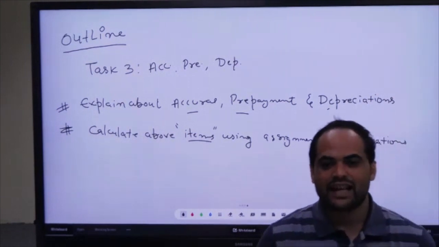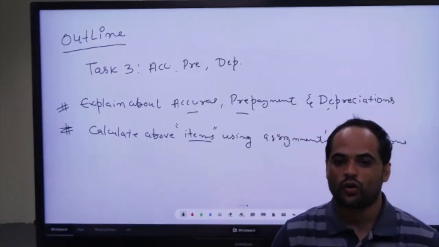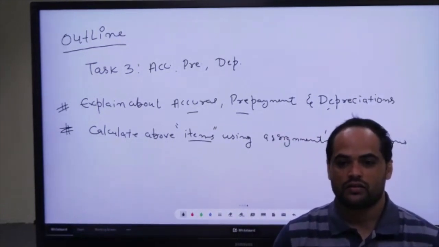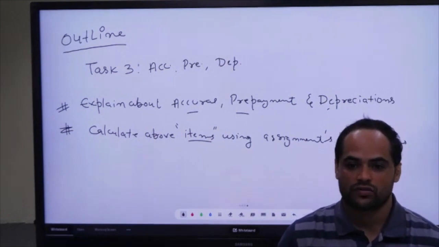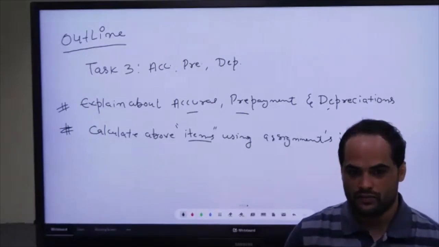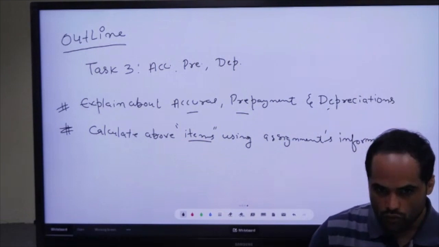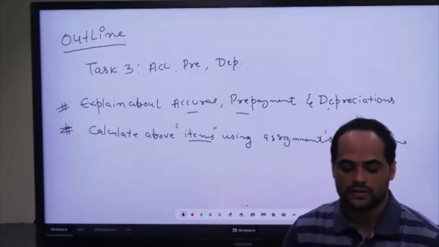I said the diagram you have to do only in task 4, not task 3. You don't need any kind of diagram in your task 3. You do the diagram when you do your task 4. All right? Adjustments.